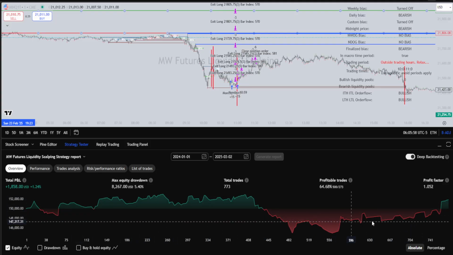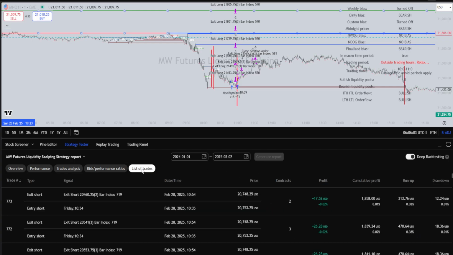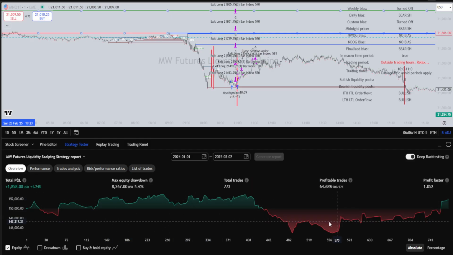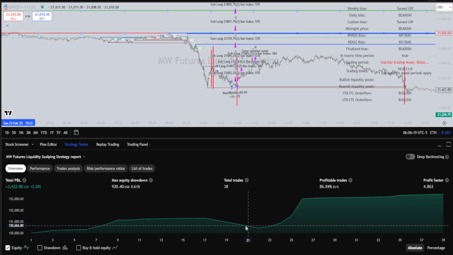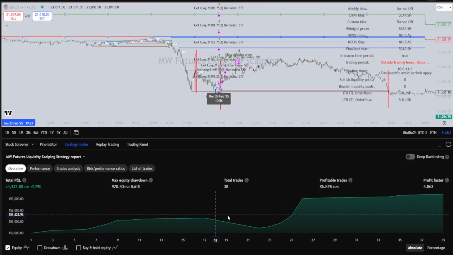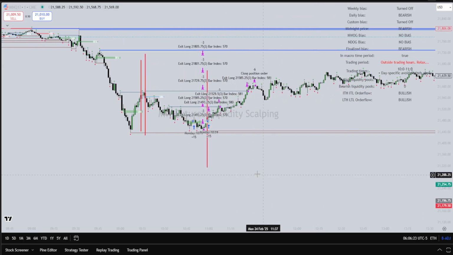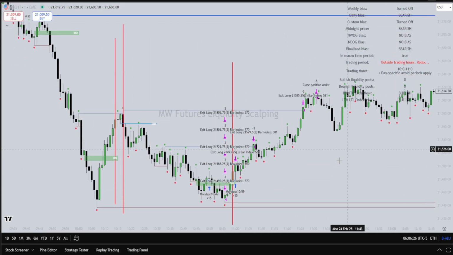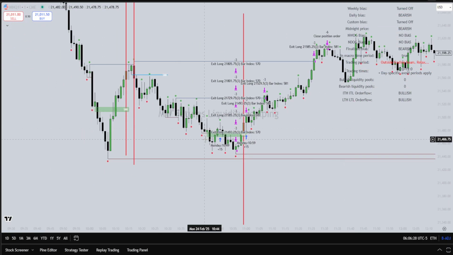It's very choppy, so I should be figuring out a way to prevent all of this choppiness. I personally think, so right now we generate every 15 minutes.